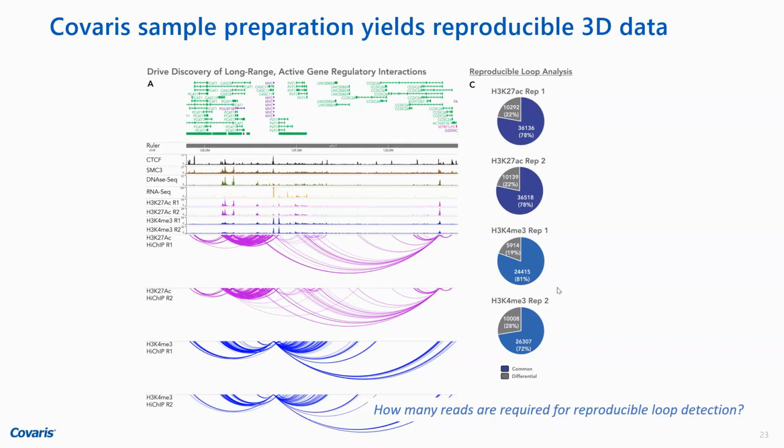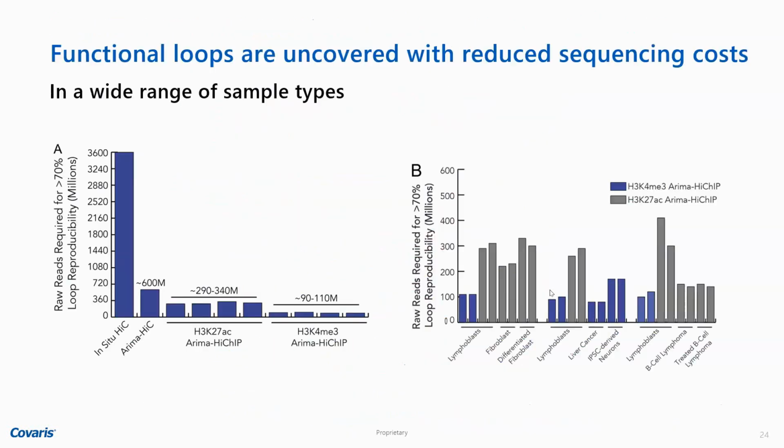So now, how many reads are required for reproducible loop detection? If we compare to Hi-C assays, the HiChIP can retrieve maybe the more, let's say, functional interactions. So overall, you are enriching for informative regions.